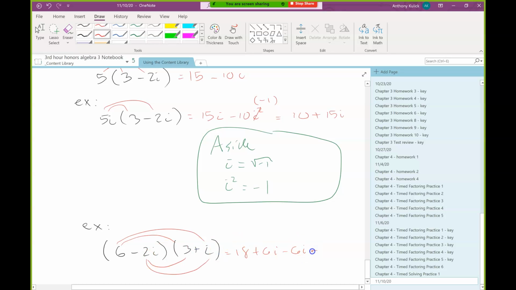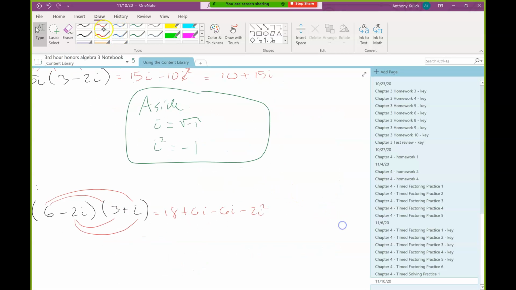So if I combine like terms, notice that 6i and -6i cancel out. And i squared is the same as -1. So really I have 18 minus 2 times -1, or 20.